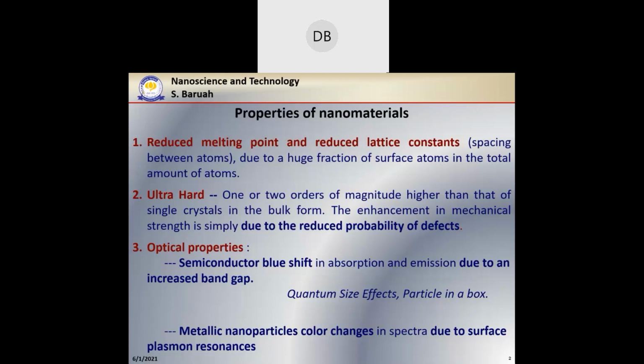I already mentioned the difference between a metal, a semiconductor and an insulator. It's all about the band gap. Insulators have a very big band gap, and that's why it's very difficult to transfer electrons from the top of the valence band to the bottom of the conduction band.